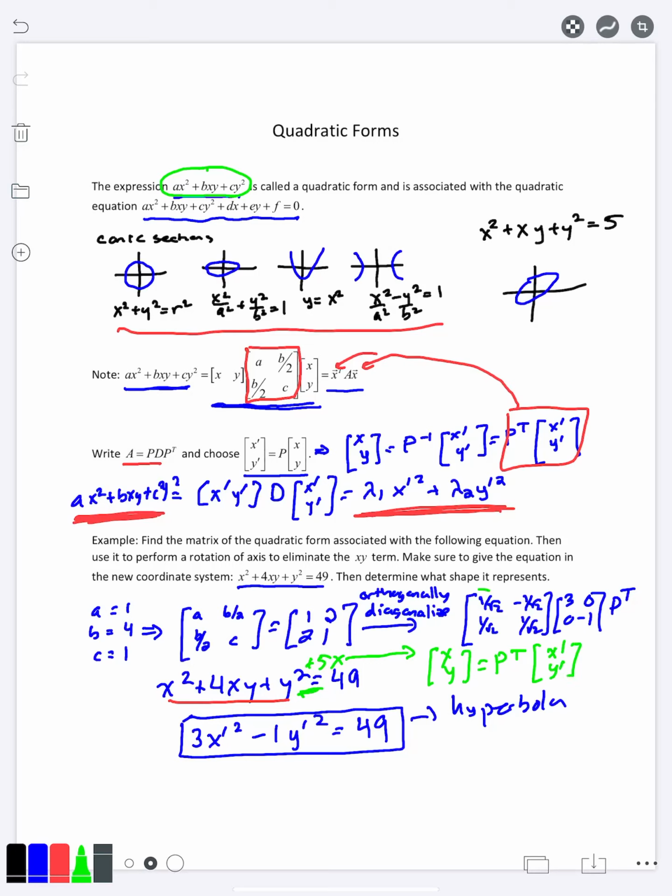So I would have had to take this matrix P, multiply it by x prime y prime, and then I could solve for what x is and I could plug that in. It's an extra complication. I wouldn't worry too much about it. We're just trying to get a brief idea here of what quadratic forms are and how we can do this orthogonal diagonalization with them. But if you had to do some random problem, you'd need to know how to do that.